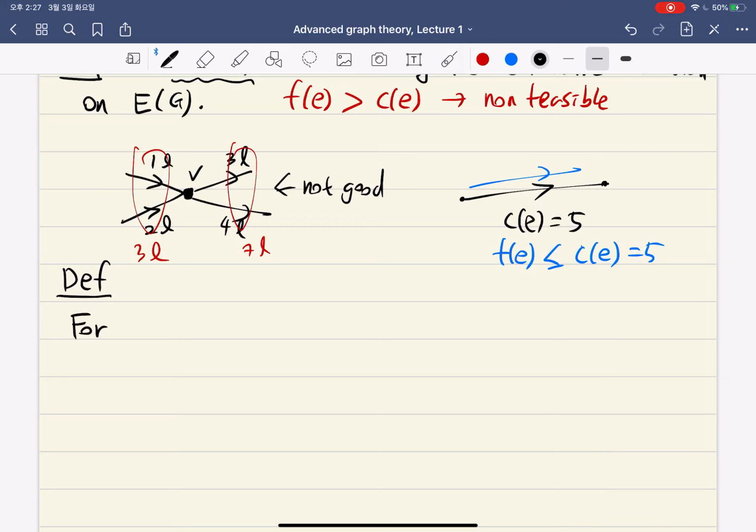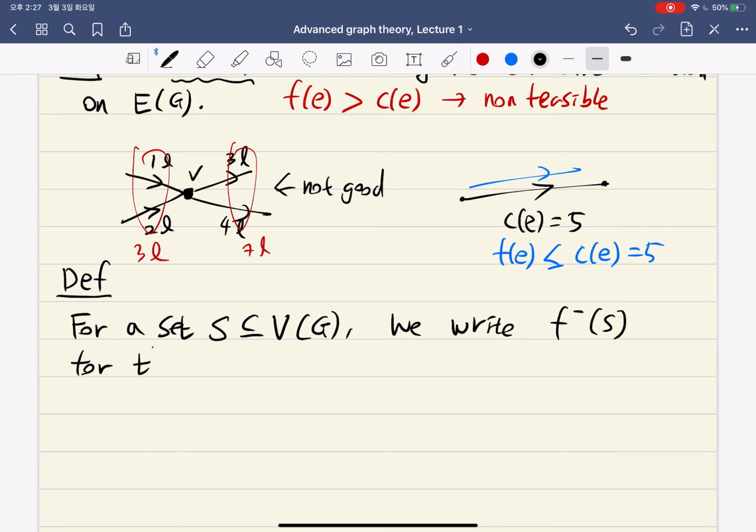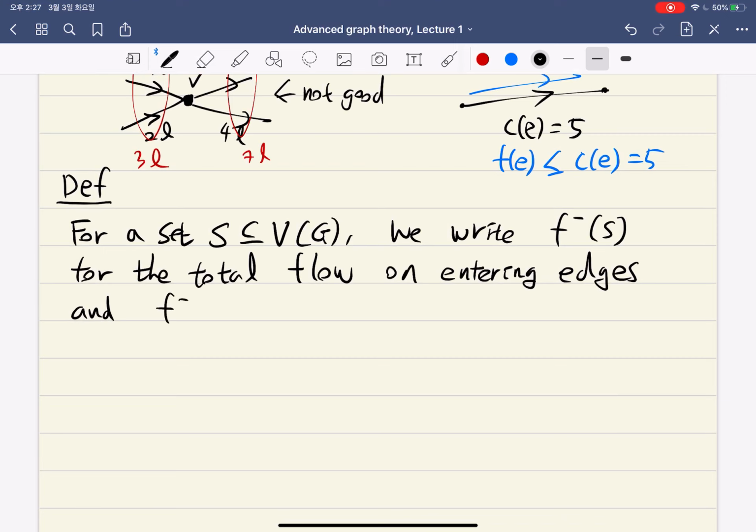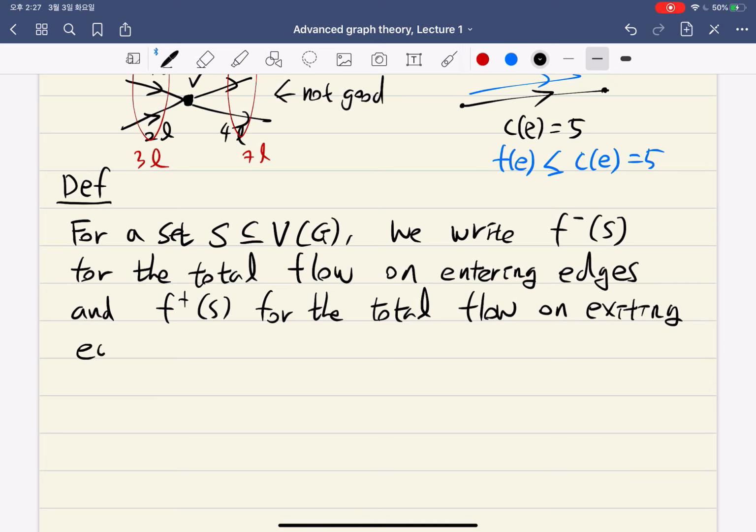For that, for a set S, which is a vertex subset, we write F minus of S for the total flow on entering edges, and F plus of S for the total flow on exiting edges.